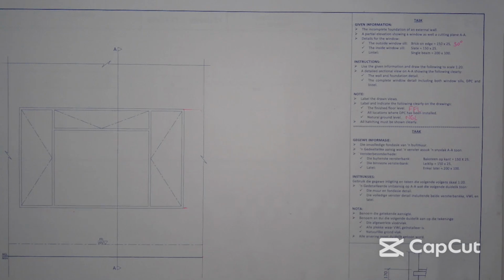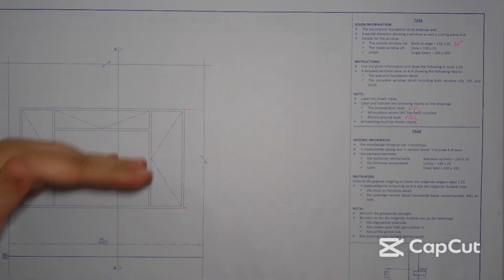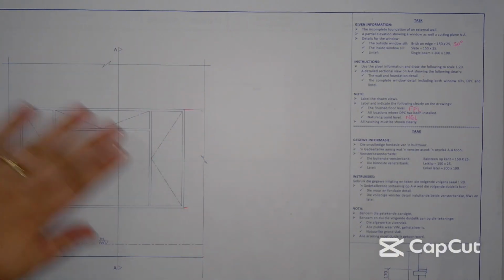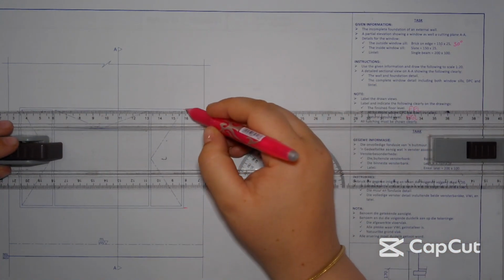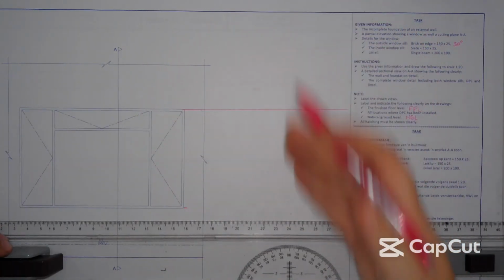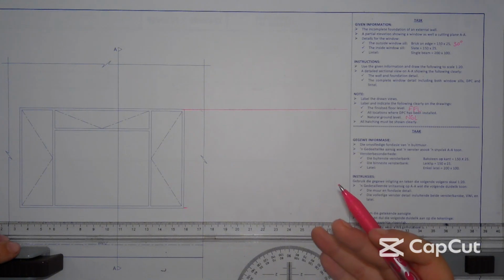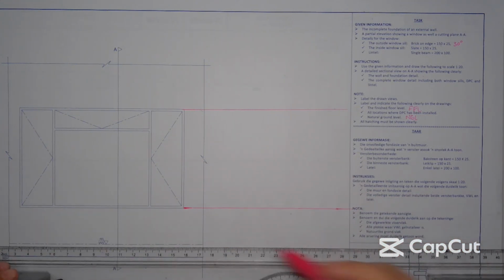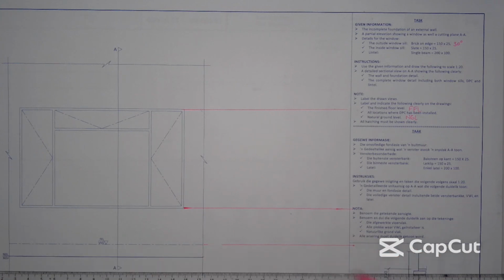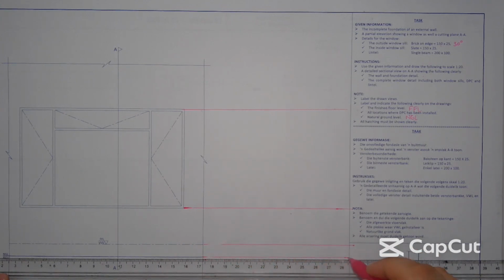Okay, so I'm going to start with what I have. What I do have is measurements at the bottom of the page, and I have the heights on this given section. So I'm just going to project the heights over to the space where I need to draw. I'm going to project the height of the window, the bottom of the window, the finished floor level, and the ground line.